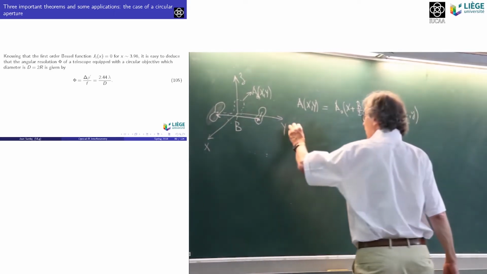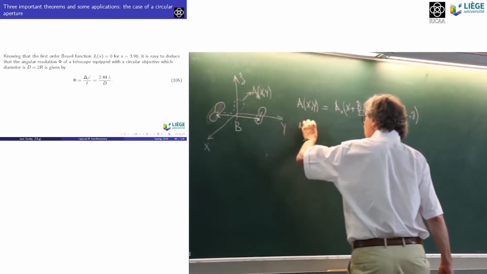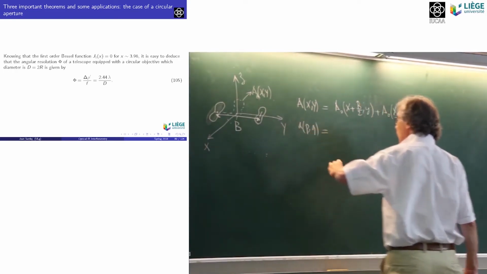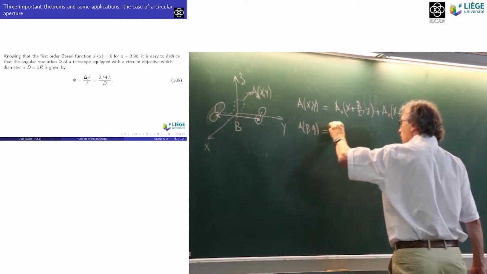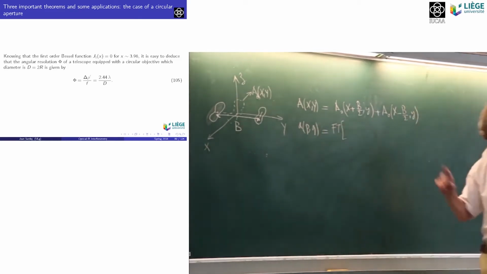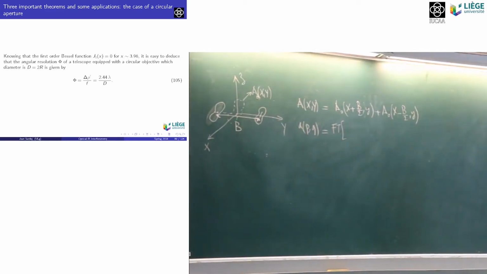Now I may write that A(p,q), the distribution of complex amplitude in the focal plane, is equal to the Fourier transform of the two. But the Fourier transform of the sum of two terms is the sum of the two Fourier transforms.